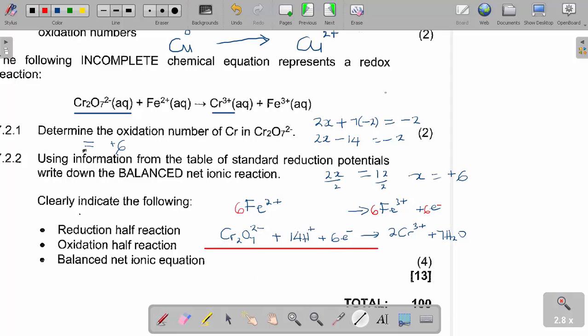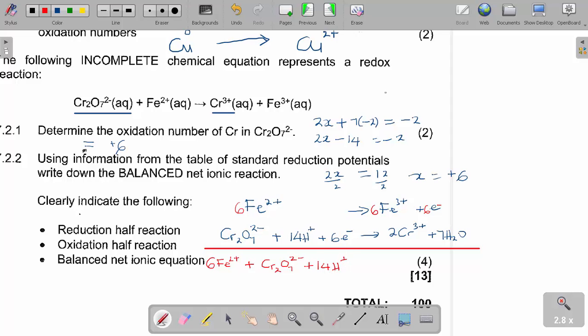Let's get it together. So I'm going to have 6 iron 2 ions up here together, and then plus dichromate, that is Cr2O7 with the 2 minus, then plus 14 protons. Now electrons, they're going to cancel out, why?